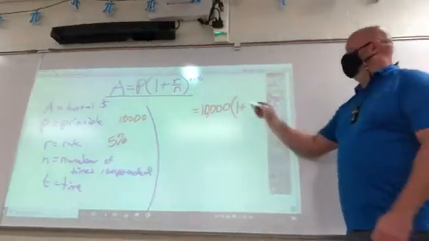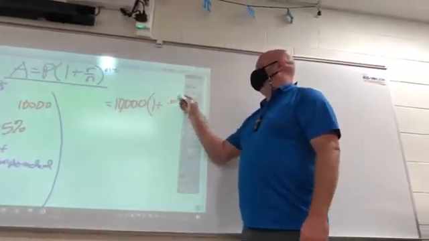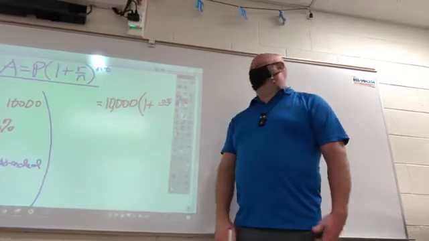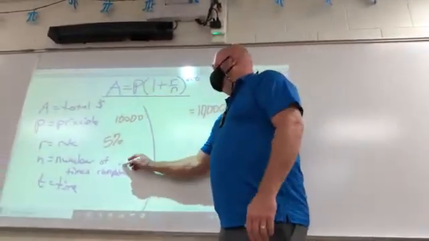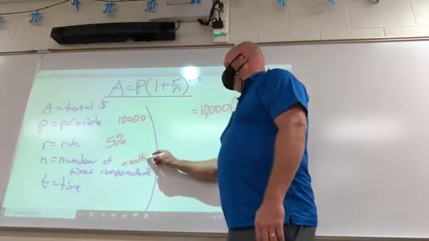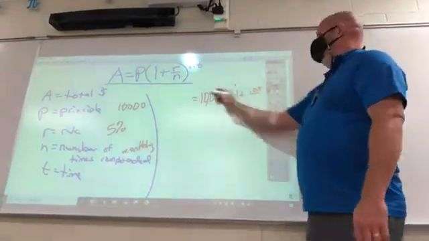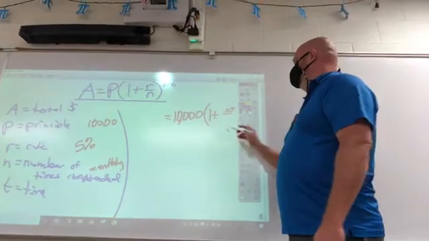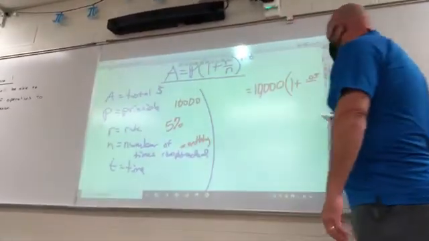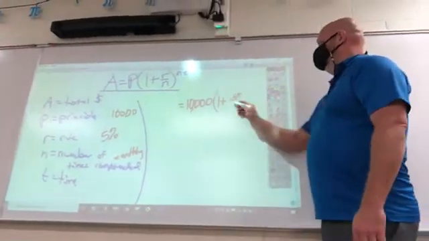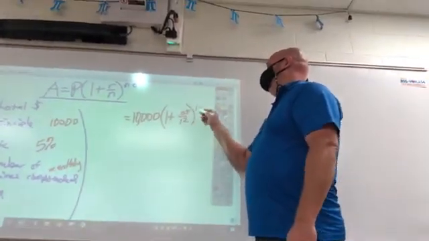So that means my rate is 0.05. And then they'll also say it's compounded, let's do monthly, which means what is my number of times compounded here? How often is it going to be compounded? It's going to be compounded 12 times, right?